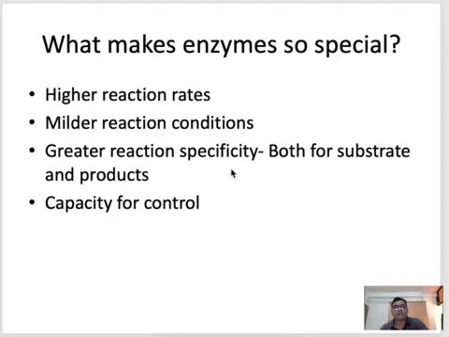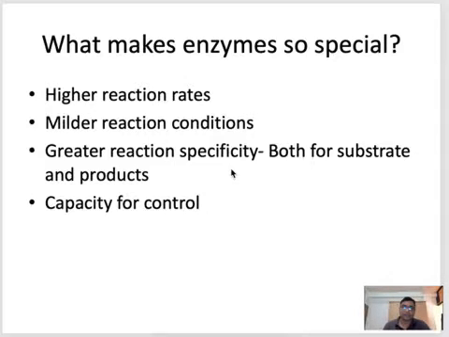So this is the third part of lecture 1, and in this part I'm going to talk about types of enzyme specificity. You already know why enzymes are so special: by using enzymes we can achieve higher reaction rates, because enzymes increase the reaction rates tremendously.